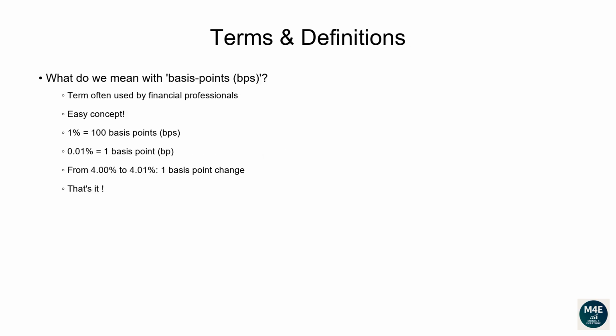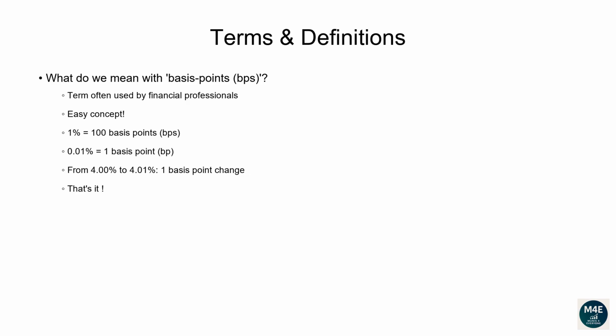What do we mean with basis points? This term is often used by financial professionals. However, it's a very easy concept, don't be scared about it. Let's break it down. Basically, 1% is equivalent to 100 basis points. This means that when you hear someone saying interest rates increased by 100 basis points, that means they increased by 1%.